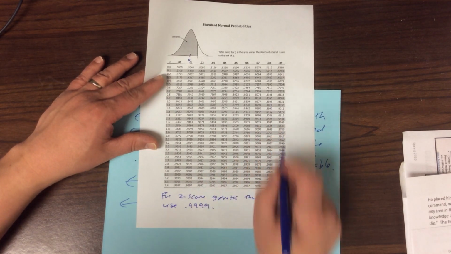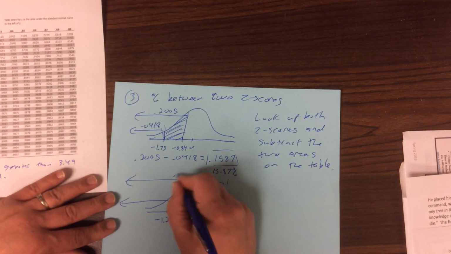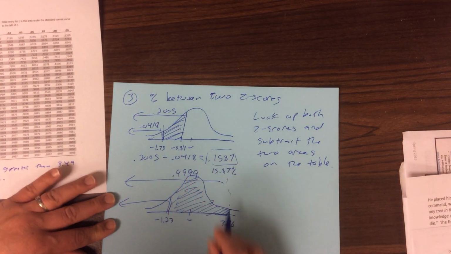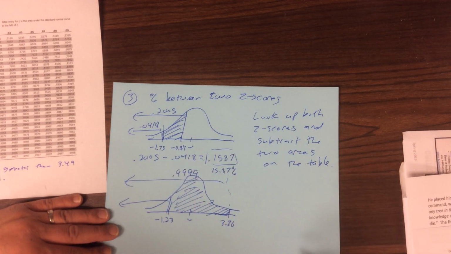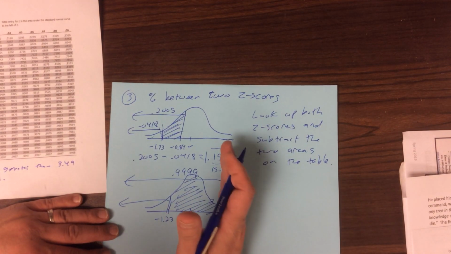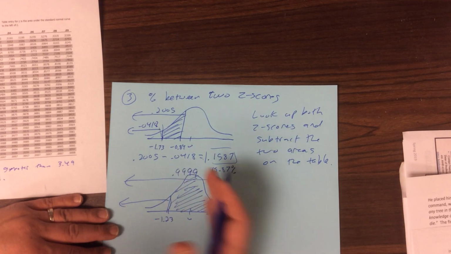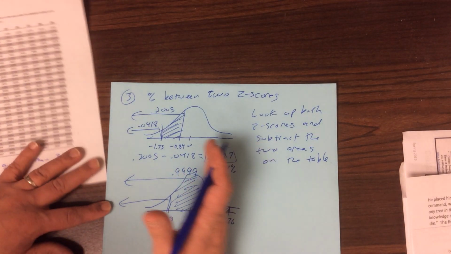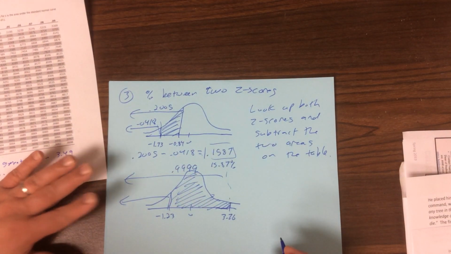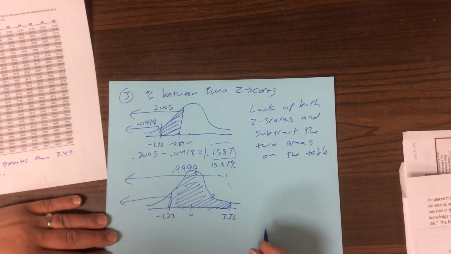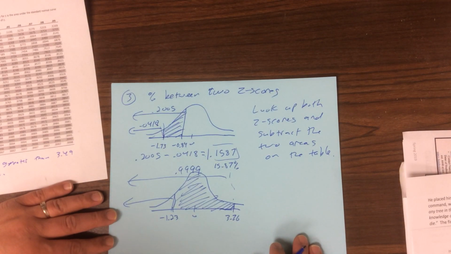So for anything greater than 3.49, just assume that the area is 0.9999. So what's going on there is that's as big as you can get to 4 decimal places without being 1, right? So it's an approximation. Anything bigger than that is pretty much all of the area. Not quite 1, but that's as big as you can get without being 1, at least to 4 decimal places.